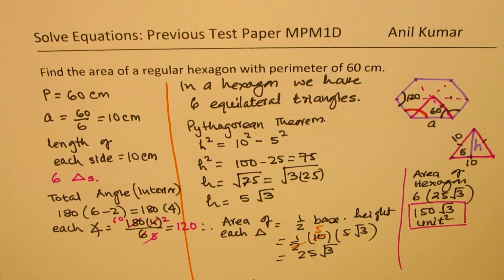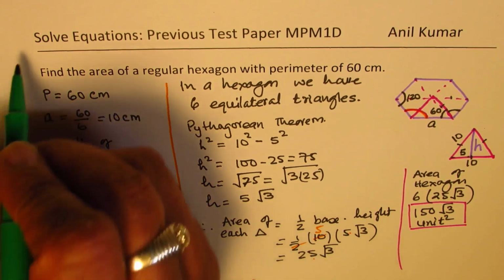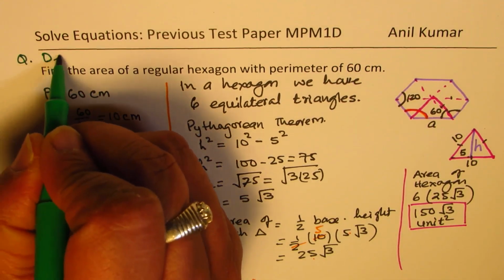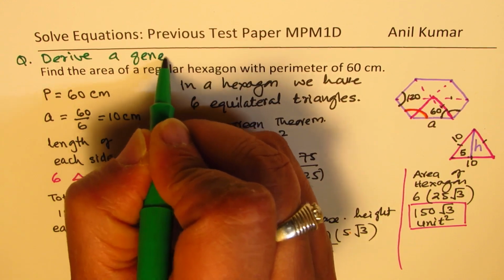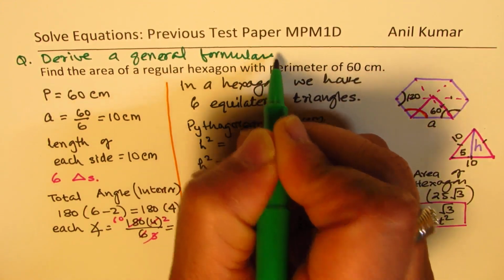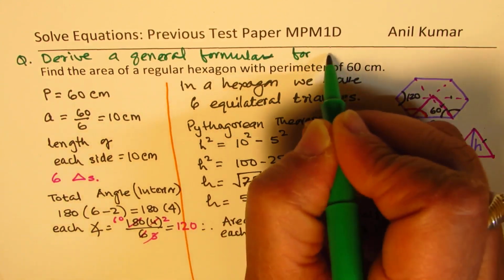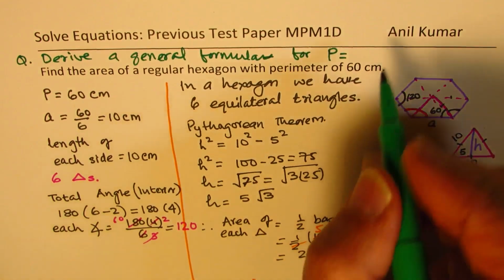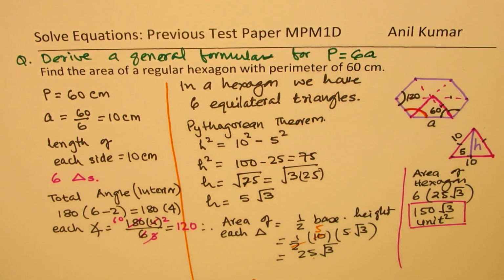Feel free to write your comments, share your views. Now what you could do is derive a general formula. So the question for you is to derive a general formula for perimeter equals 6 times A, where A is each side.